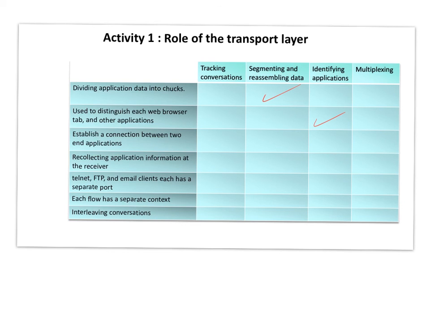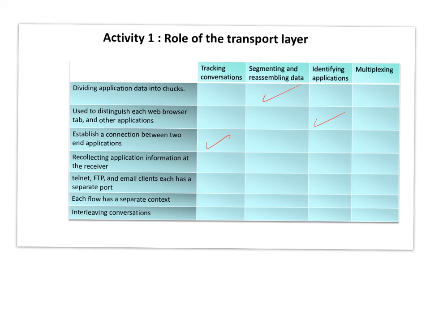tracking conversation. Why do we define the transport layer protocol role as establishing a conversation? Why would we not say establishes connection? Because the transport layer protocol does not necessarily have to establish a connection. It establishes conversation.